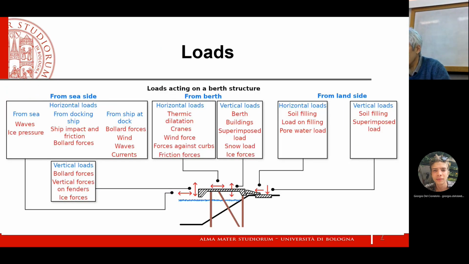So, of course, the presence of curbs originates horizontal loads, and then friction forces, for instance, by the tires when the trucks brake. Of course, there are friction forces, horizontal loads given by trucks reducing their velocity. And then we have the vertical loads given by berth buildings and superimposed load, the self weight of the berth itself, and then the snow maybe, and the ice forces.